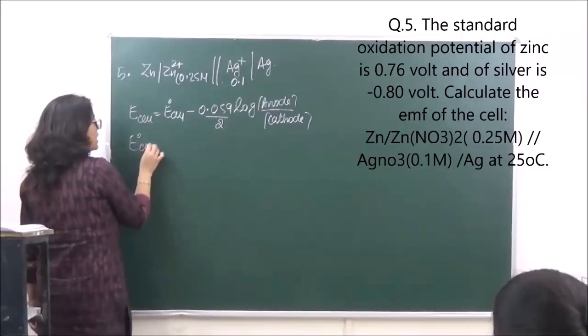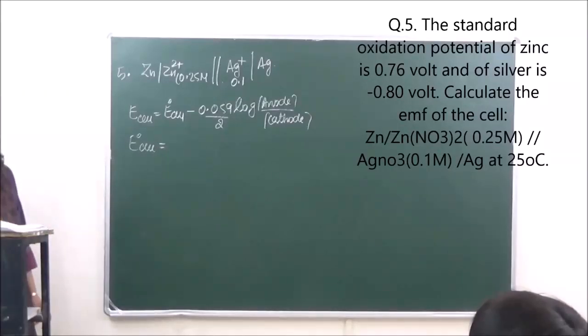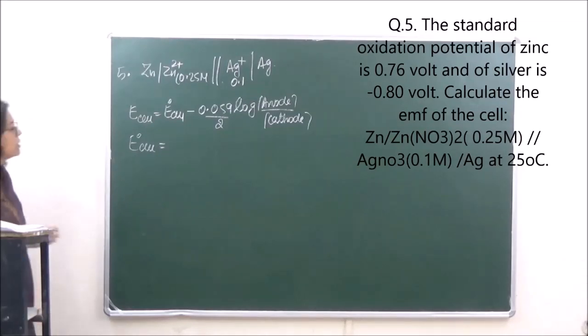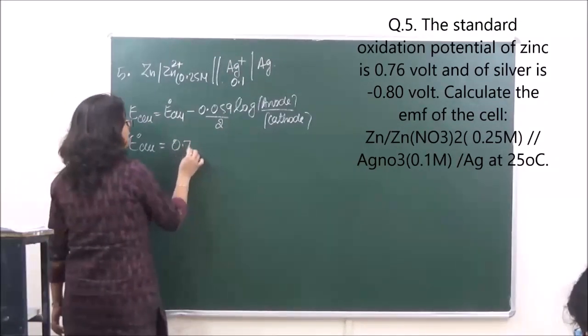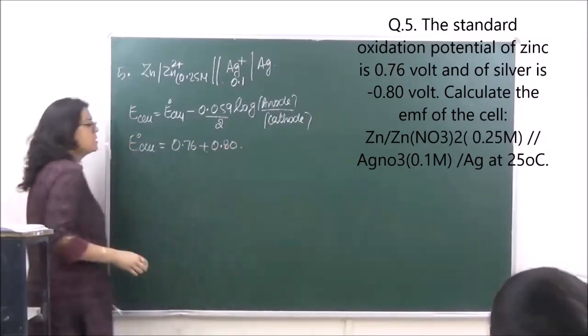So E naught cell is obtained by subtracting the smaller value from the bigger value. But here both are in positive, so in that case we will add both: 0.76 plus 0.80.